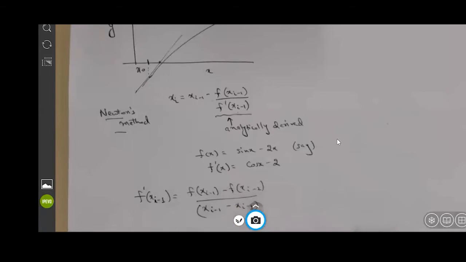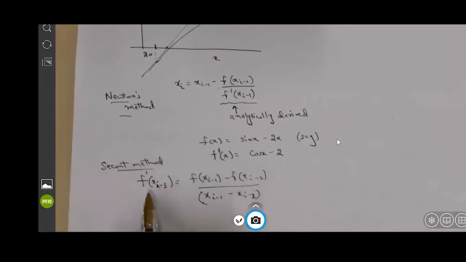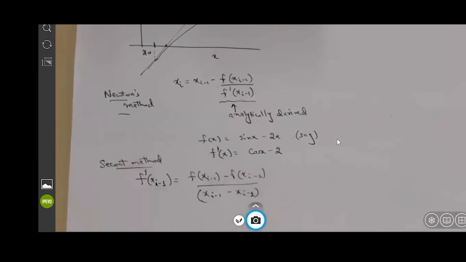It doesn't matter. So you are not calculating f'(x) explicitly in the secant method. You are basically taking another point and approximating the derivative of the function. That's the difference. Does it make sense, Koi?